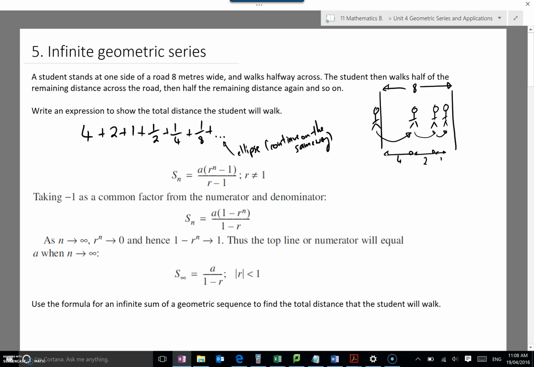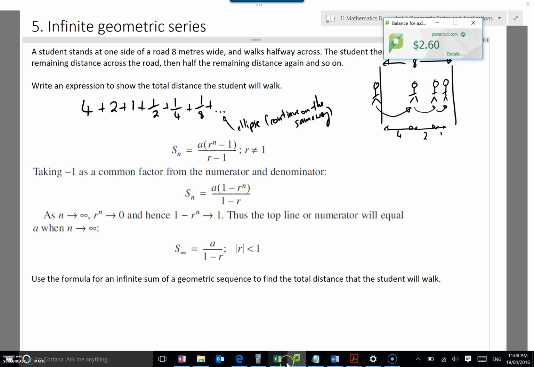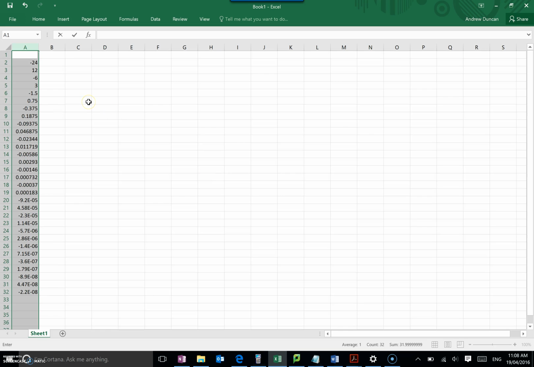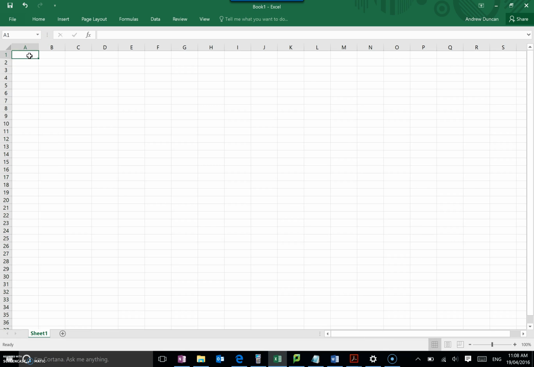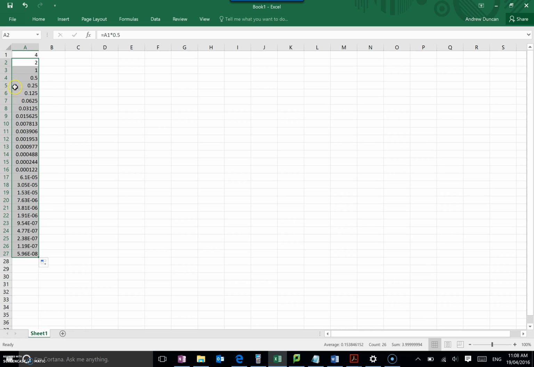So we want to see what's the total distance he walks. Let's just add some of these together. I'll do this in Excel. I start at 4, add 2, add 1. I should do this properly with a formula. Each time is going to be half of the one before. If I scroll this down, I start getting these really small numbers.